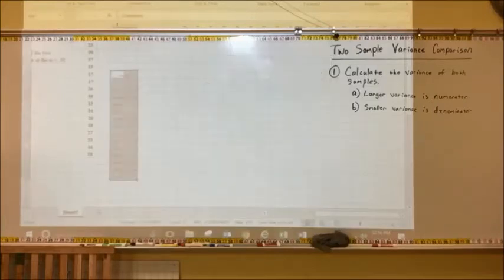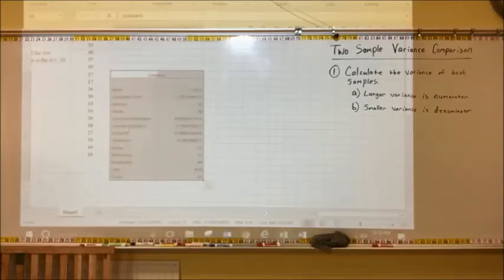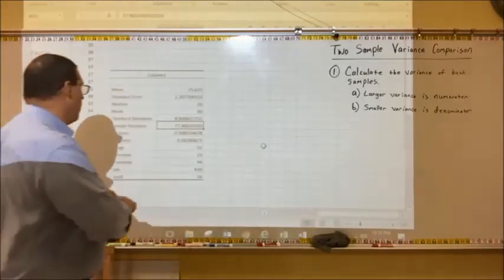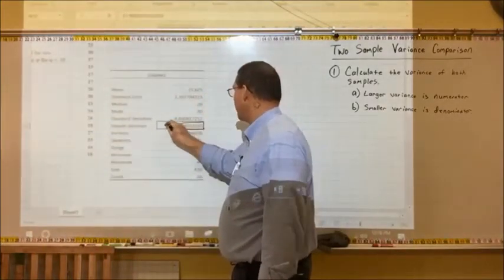Hit OK, and let me open them up here. Let me increase the size of this. There we go. There's the variance. Sample variance. There it is. There's our sample variance, which is 77.983333. That's our sample variance right there.